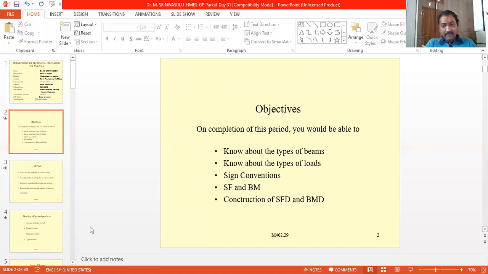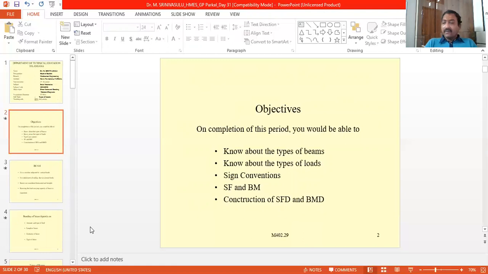Coming to the types of loads, we have point loads and distributed loads. In the distributed load we have the UDL, that is the uniformly distributed load, and also UVL, uniformly varying load; triangular load and trapezoidal load are examples of the UVL.